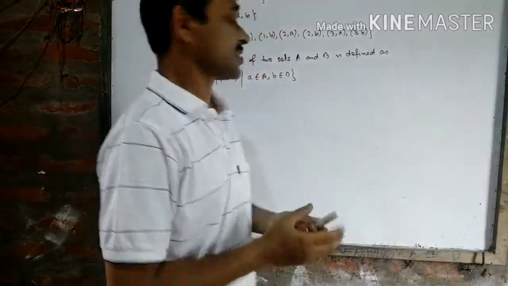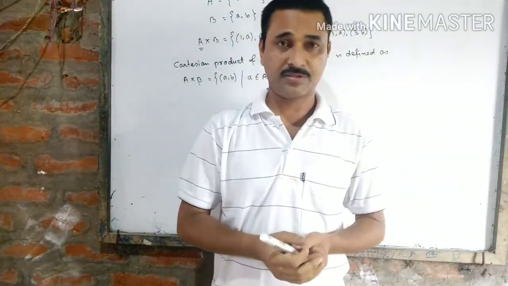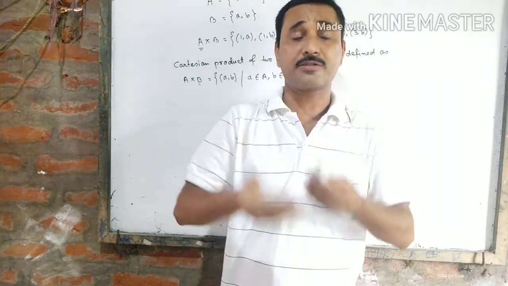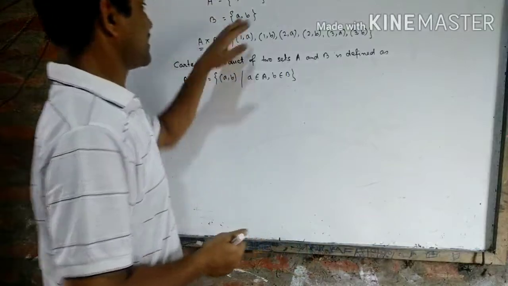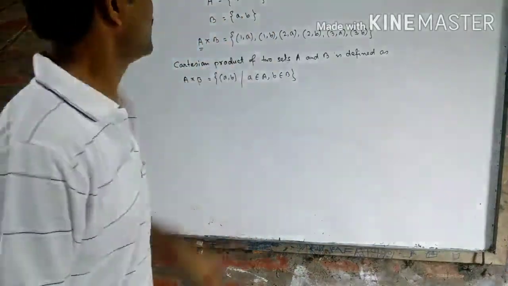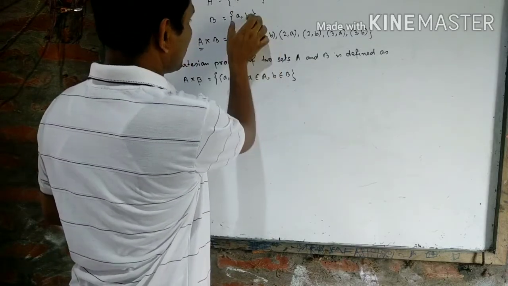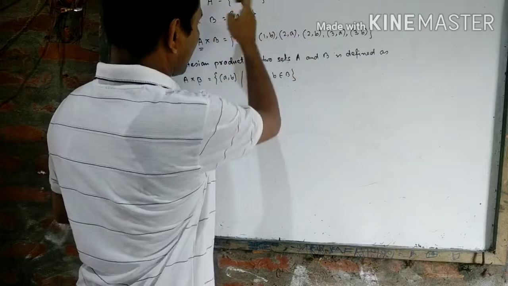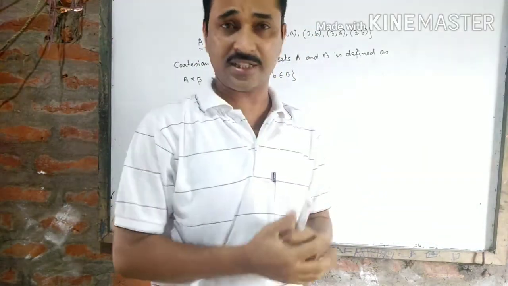Now you think, suppose the set A has m elements and the set B has n elements. Then how many elements will be there in A cross B? In this example you see A has 3 elements and B has 2 elements. For each element in A we are getting 2 elements because there are 2 elements in B, and there are 3 elements in A, so in total we are getting 3 into 2, that is 6 elements.